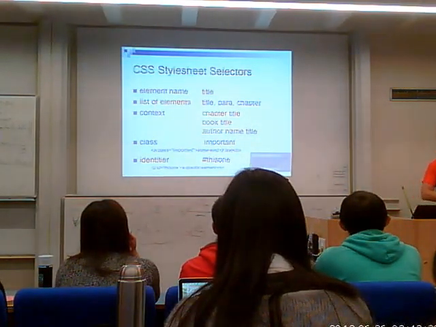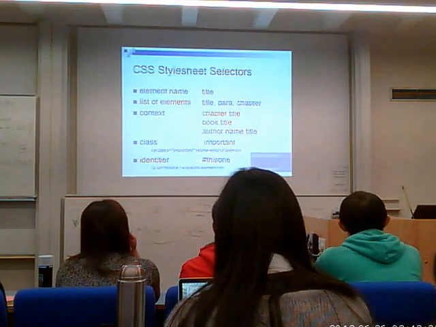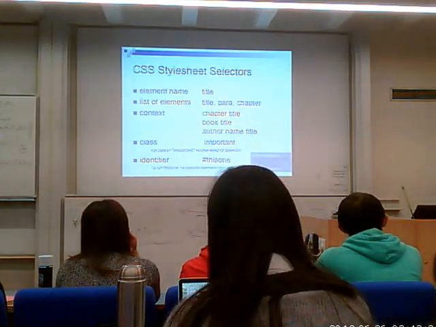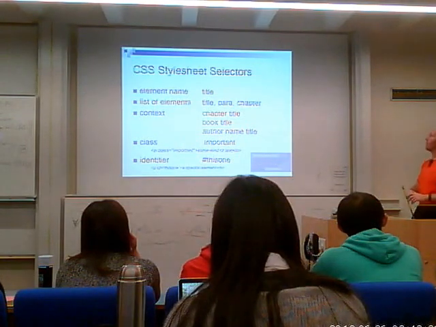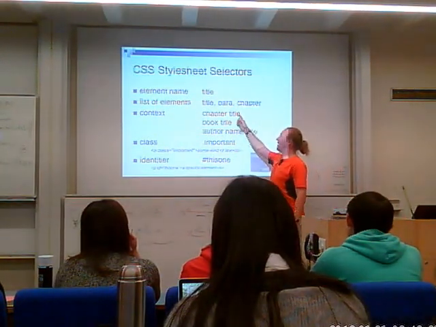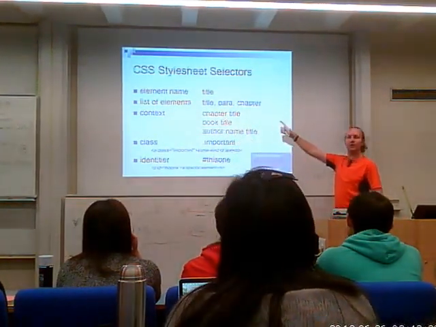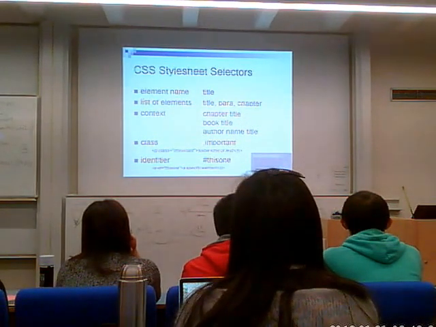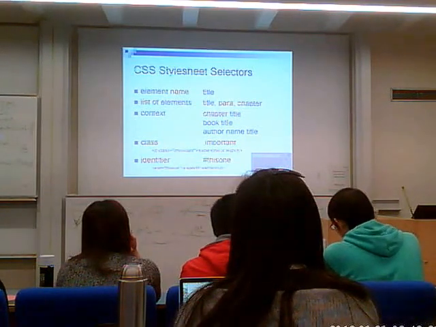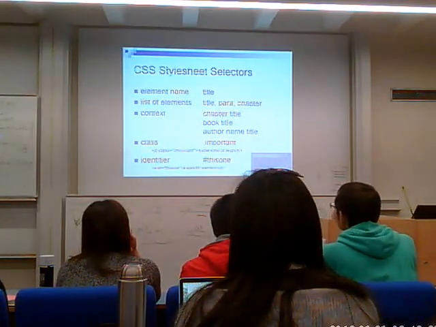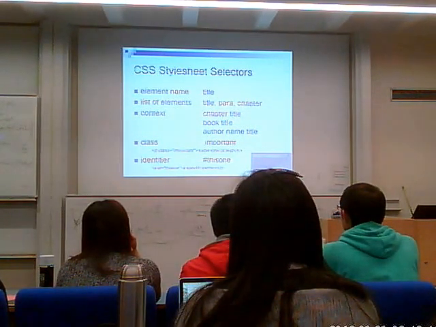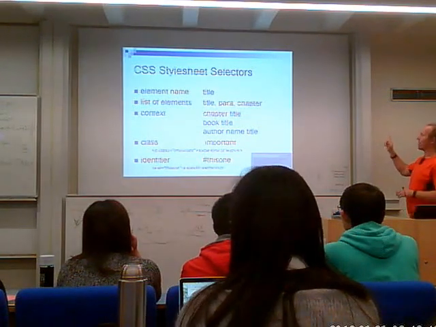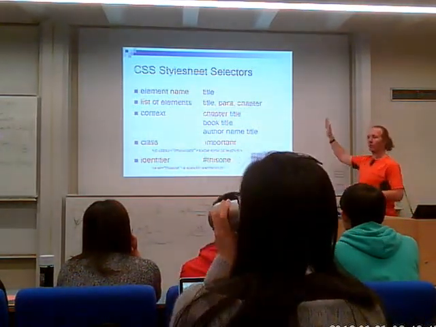Something that goes a little bit deeper than that is providing context for a particular tag. So if you want to style the title tag if it's in a chapter, or if you want to style all the paragraph tags in an article but not in the header and the footer, you refer to the element that's the parent and then the element that's the child in order with a space between.